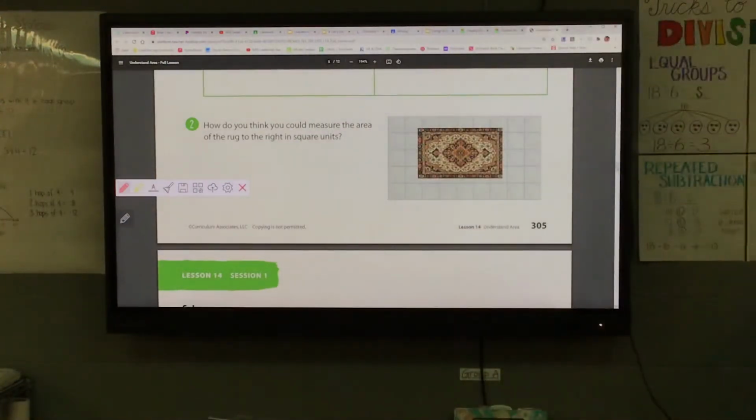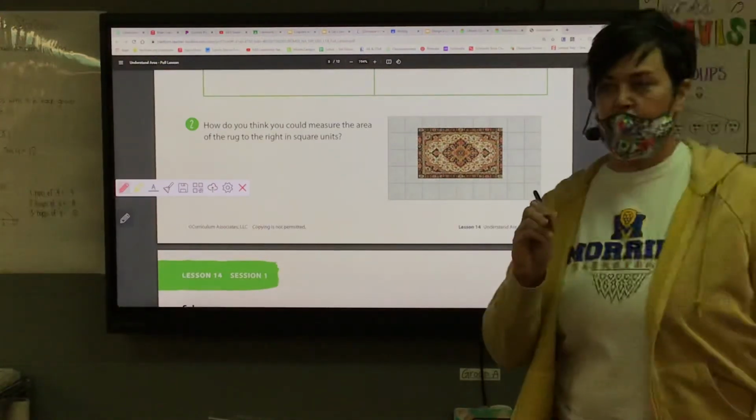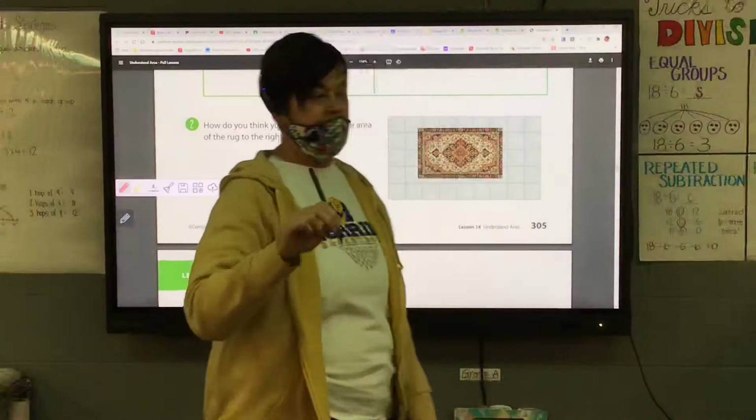Think you have it figured out? Write down how many square units you believe it to be.